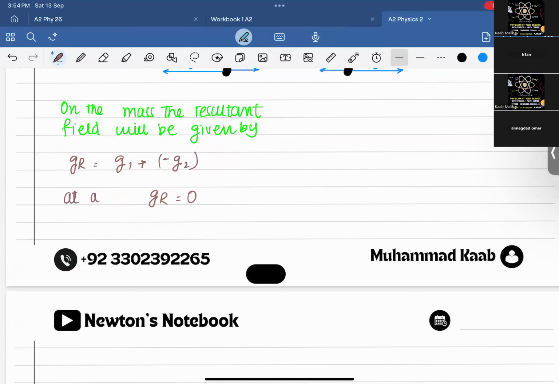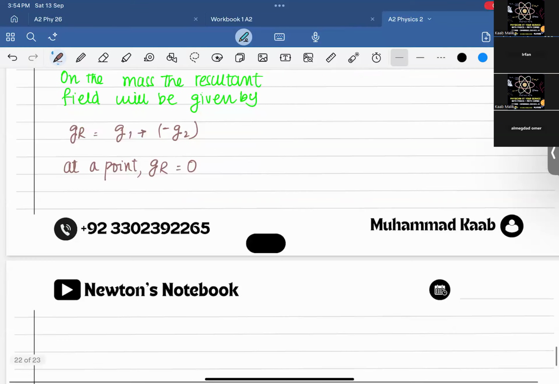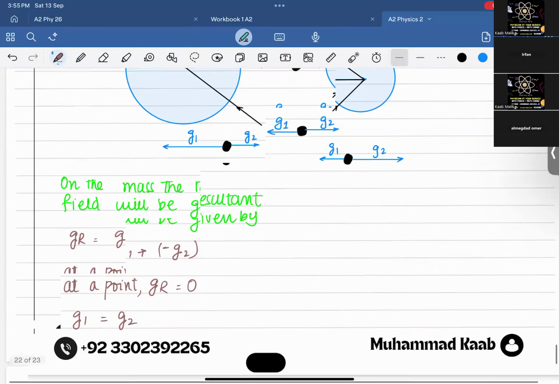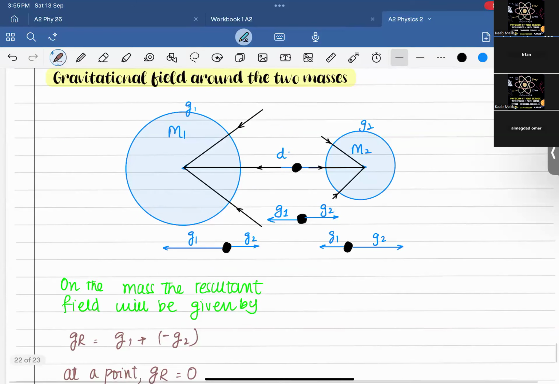At a point where G_R is zero, you can say that G1 is equal to G2. Let's say this point is right here, where I've drawn, and the distance from this point to the mass is, let's say, x.